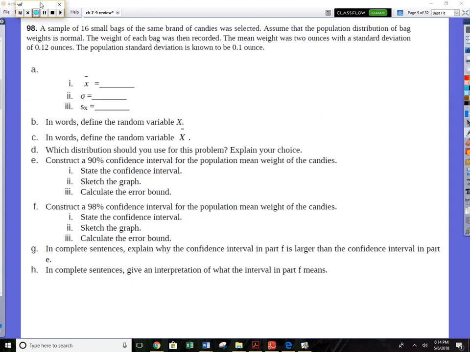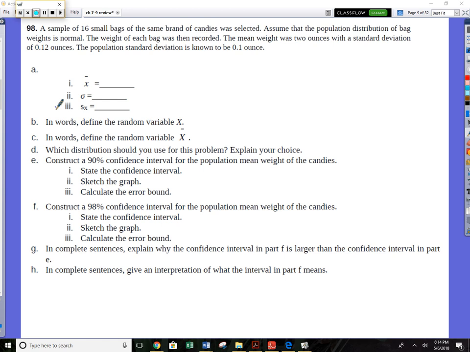Okay, 98. A sample of 16 small bags of the same brand of candies was selected. Assume that the population distribution of bag weights is normal. The weight of each bag was then recorded. The mean weight was 2 ounces with a standard deviation of 0.12 ounces.